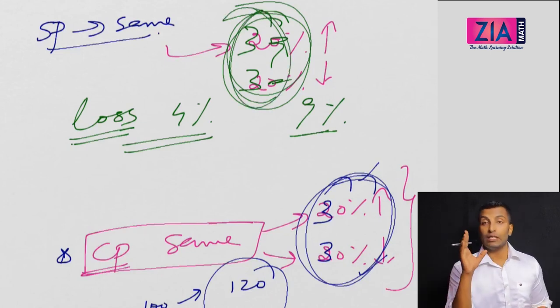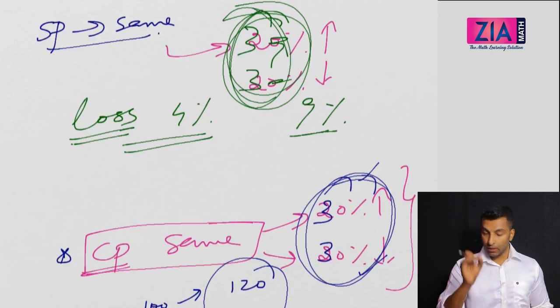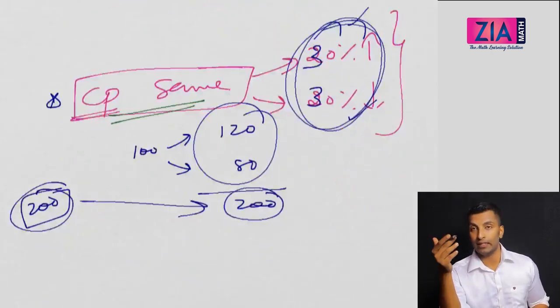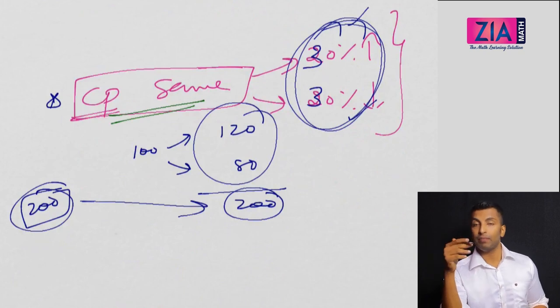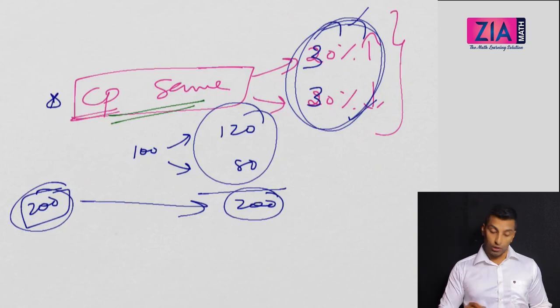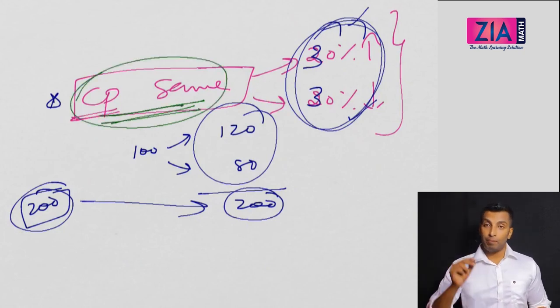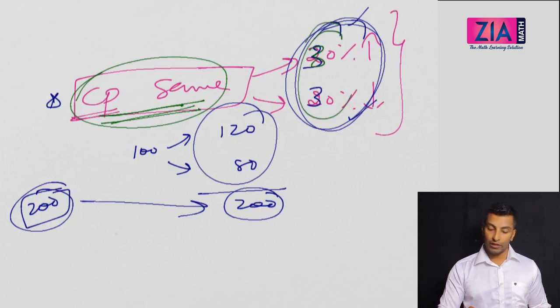So these two cases you always keep in your mind. If the cost price is same and one is sold at a particular percentage of profit and the other at the same percentage of loss, then no profit, no loss. Whether 30% profit, 30% loss, or X% profit, X% loss, there is no profit, no loss.